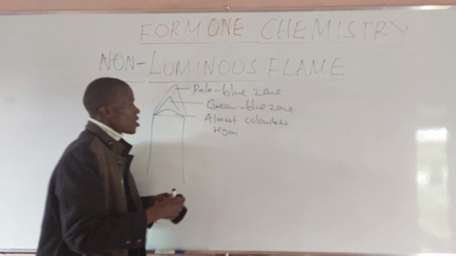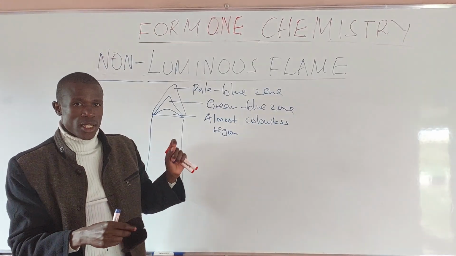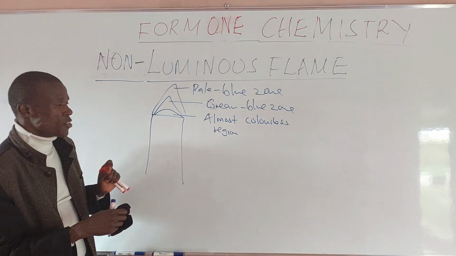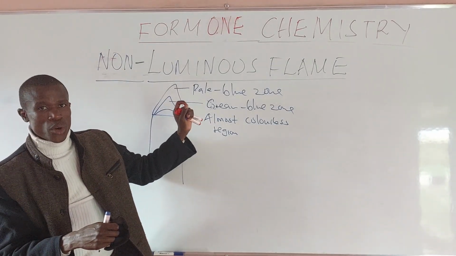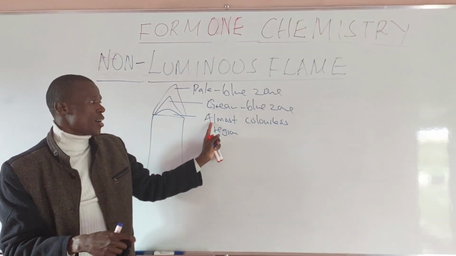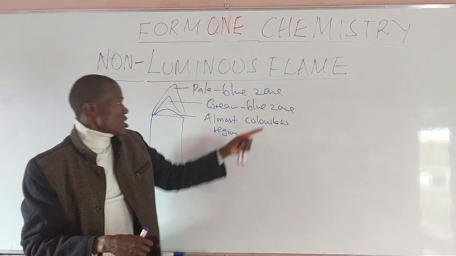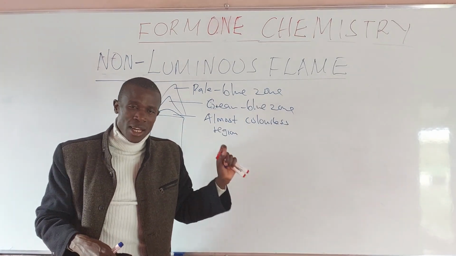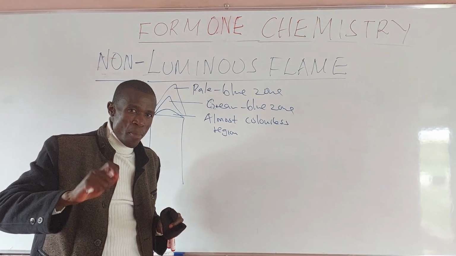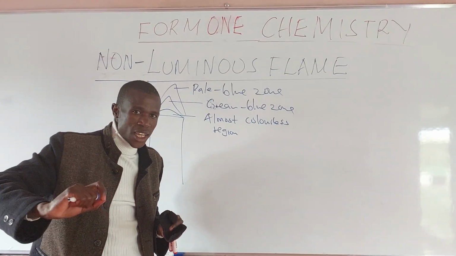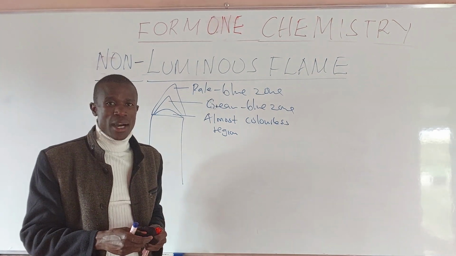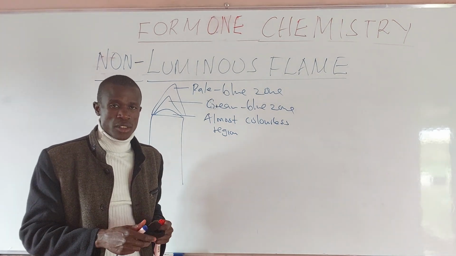region. Luminous flame, we say that it has 4 zones. Non-luminous flame has 3 zones. We have pale blue zone, we have green blue zone, we have almost colorless zone. This flame is predominantly blue because the laboratory gas undergoes complete combustion in sufficient supply of oxygen, and therefore there is no unburnt carbon particles.